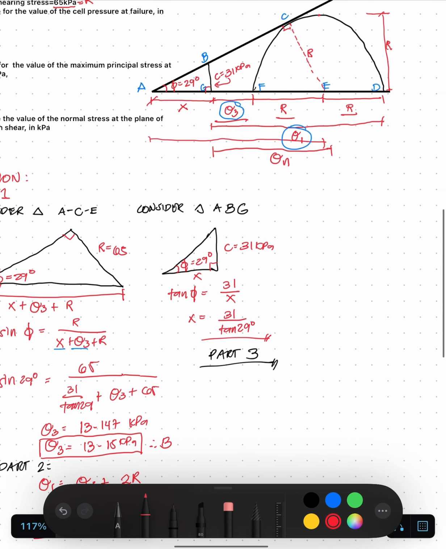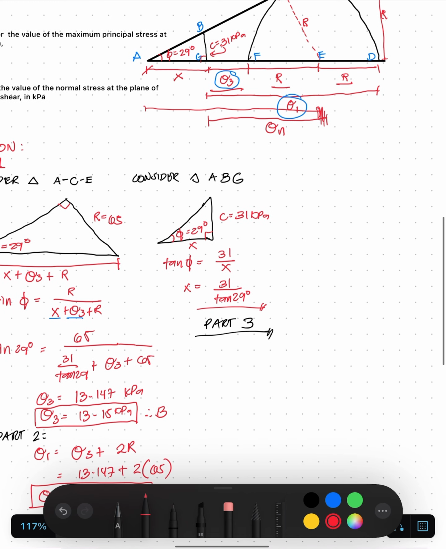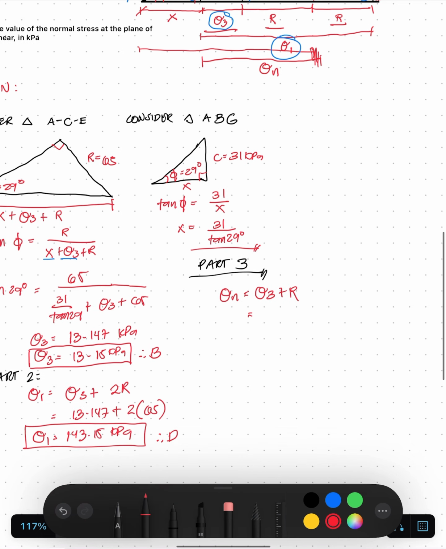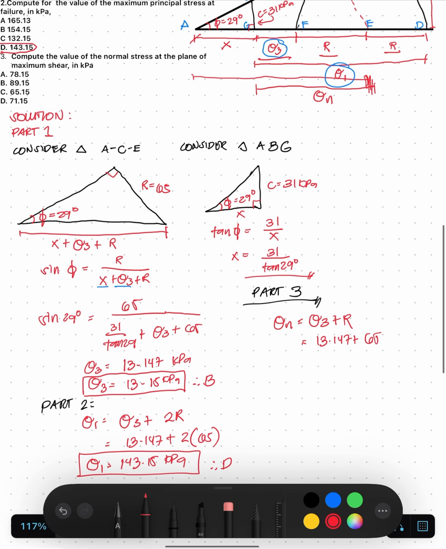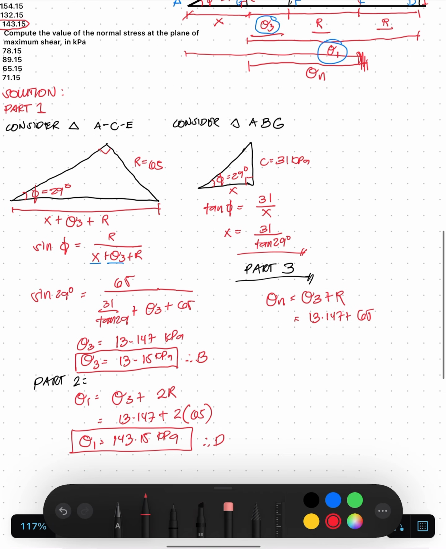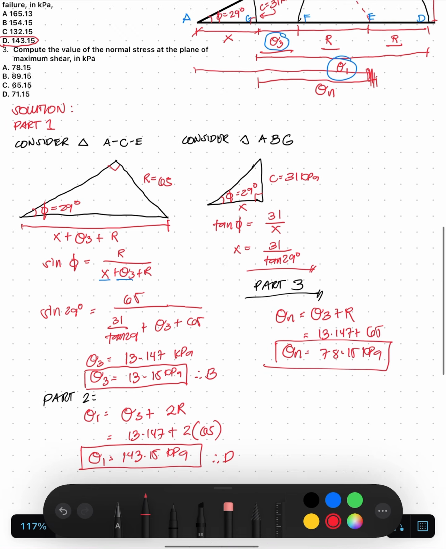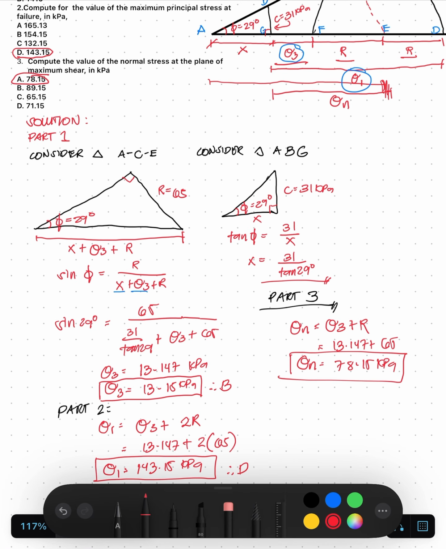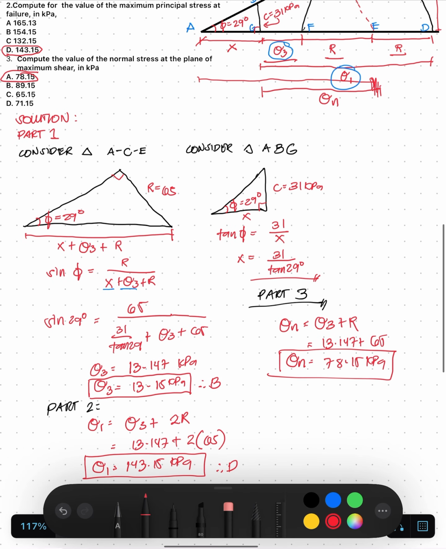Now from our illustration, sigma n is equal to sigma 3 plus r. So sigma n is equal to 13.147 plus 65, or that is equal to 78.15 kPa, which is letter B.